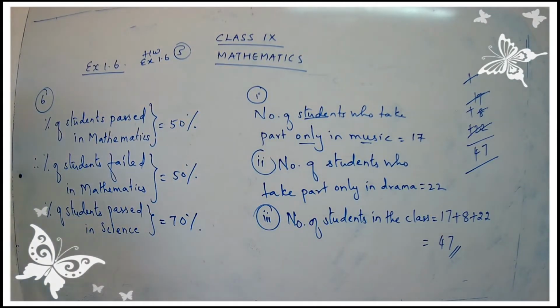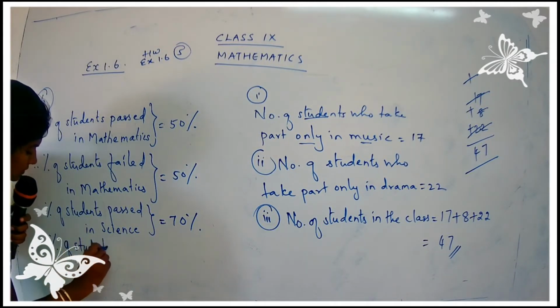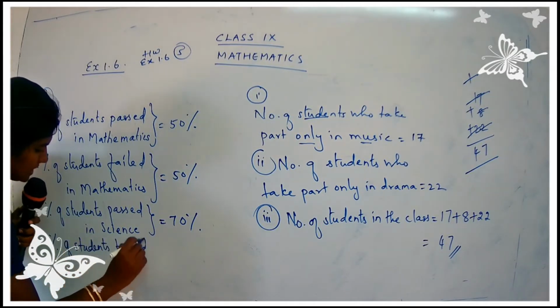So now you are going to write down the next statement. Come on, complete the next statement, children. You have to talk about the percentage of students failed in science. Percentage of students failed in science.